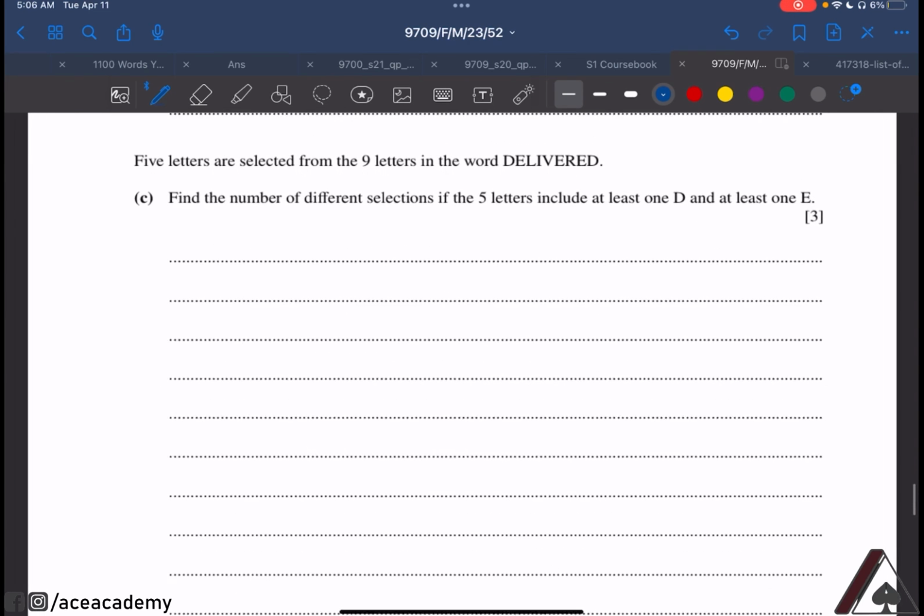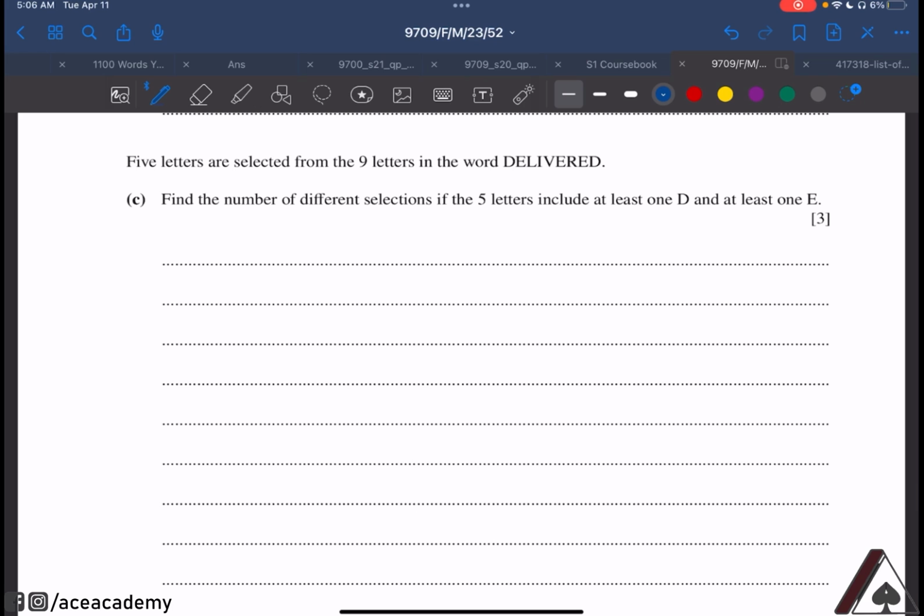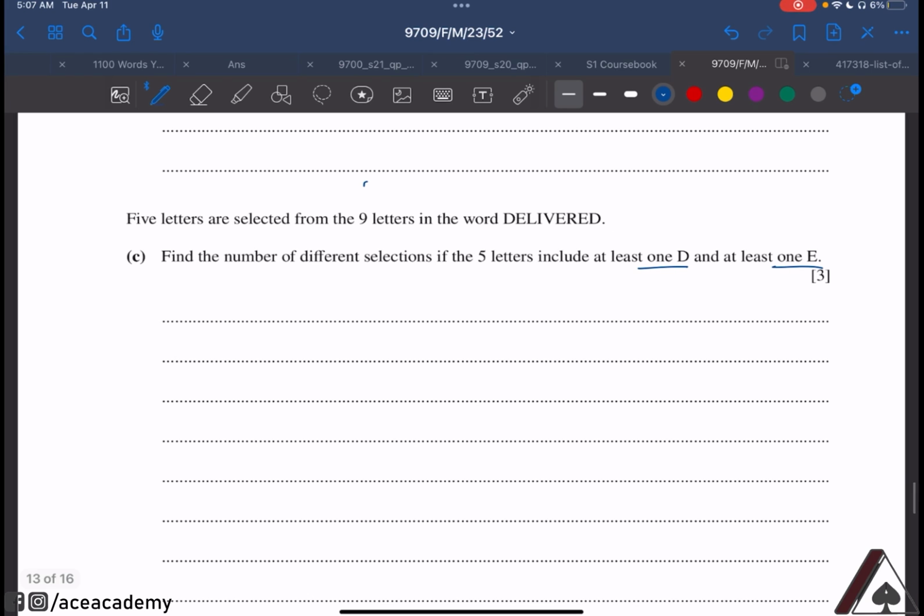Finally, the last question for this variant. 5 letters are selected from the 9 letters in the word delivered. Find the number of different selections if the 5 letters include at least one D and one E. Okay, there will be a lot of different combinations, I guess. So there were already 2 D's and 3 E's.